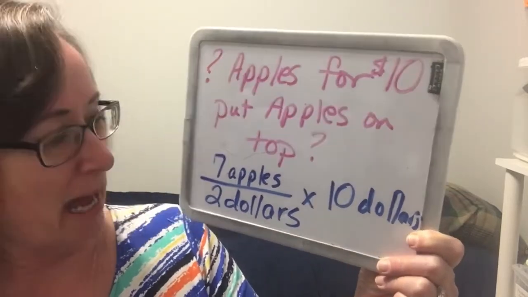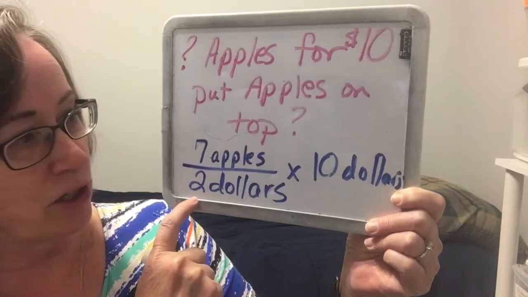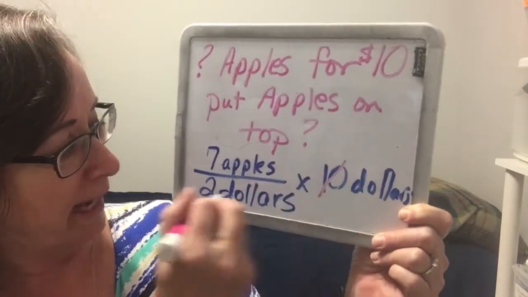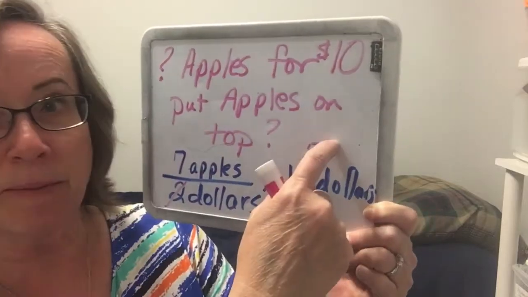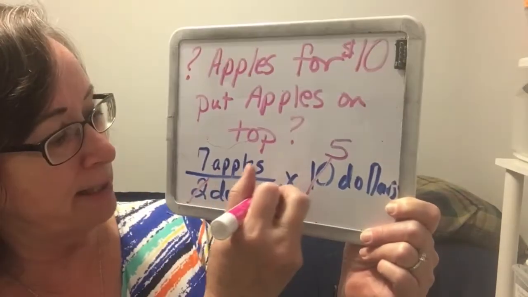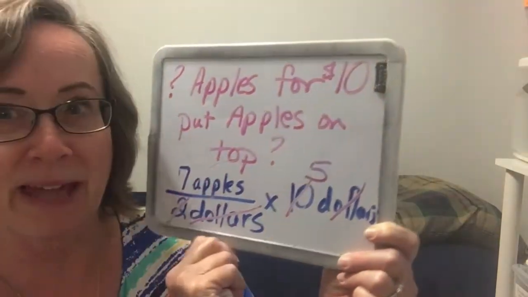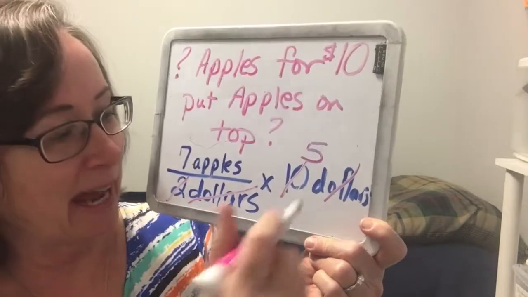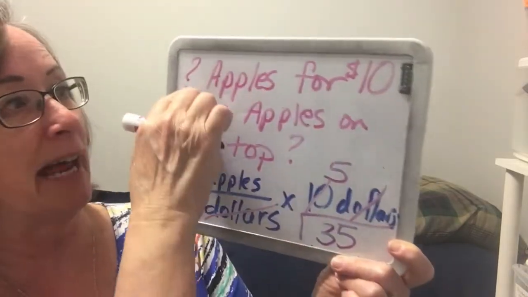Our 10 and our 2 are going to cancel with a 5, and we're going to get 7 times 5, or 35 apples. Notice that the dollars and the dollars cancel, and we're left with apples. 35 apples would be the answer, and we found out how many apples for $10.